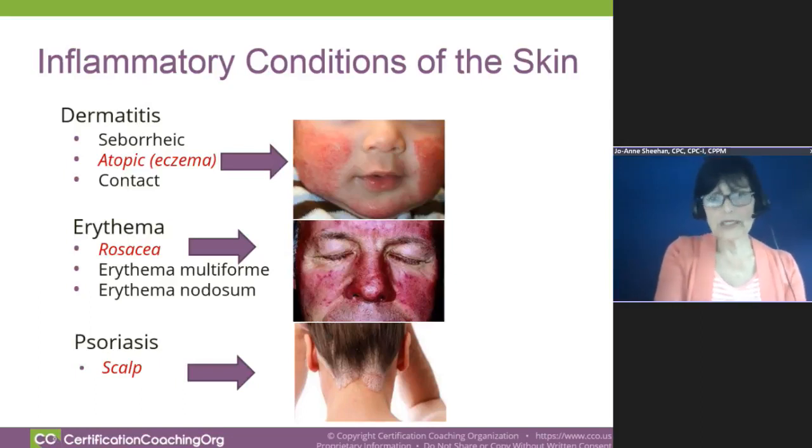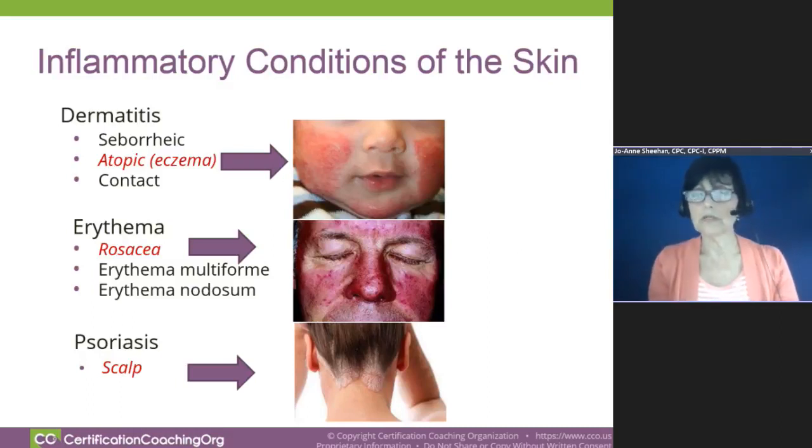The next picture is erythema, and we have an example here of rosacea. And then we have erythema multiforme and erythema nodosum. And this is, like I said, rosacea. And this is a very bad case. A lot of times it's just really in the cheeks, but here's an example of that. And psoriasis is and can be all over the human body.